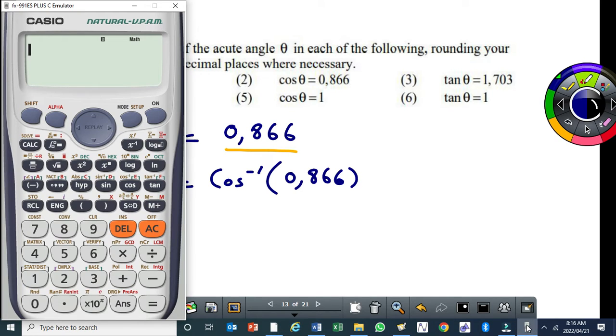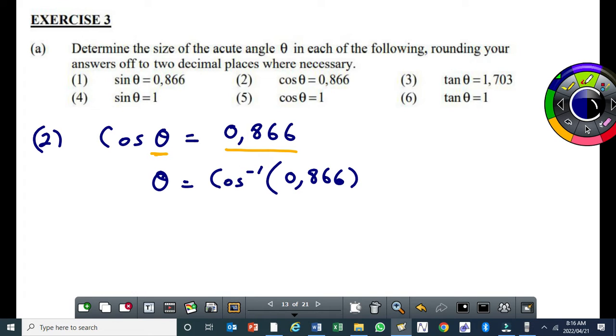From here now, we want to calculate the size of theta. So it will be shift cos of 0.866, then you close the bracket. Whatever answer you get here, it's an angle, so it has to be in degrees. Generally, we round off, and here we give it 2 decimal places.